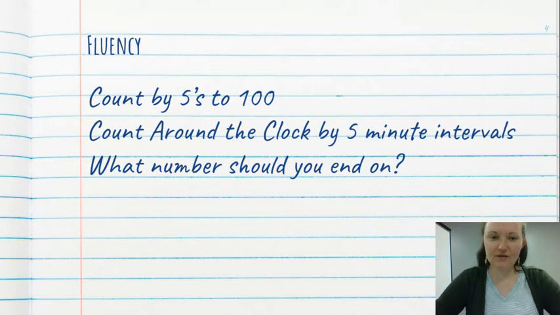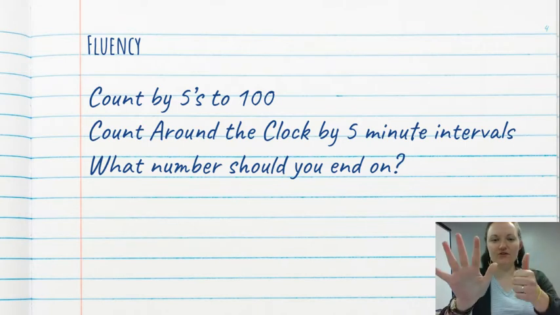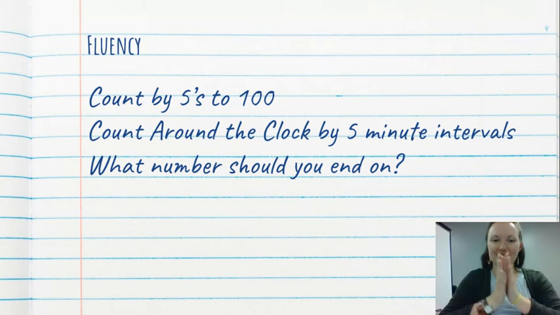So now let's count by 5s to 100. Ready? 5, 10, 15, 20, 25, 30, 35, 40, 45, 50, 55, 60, 65, 70, 75, 80, 85, 90, 95, 100. Good job.